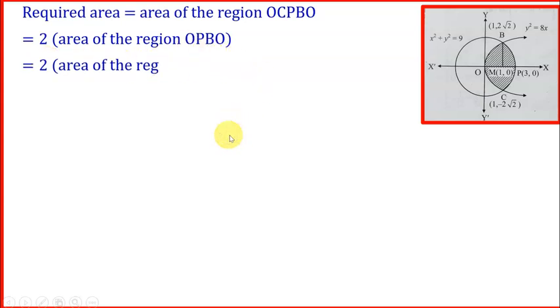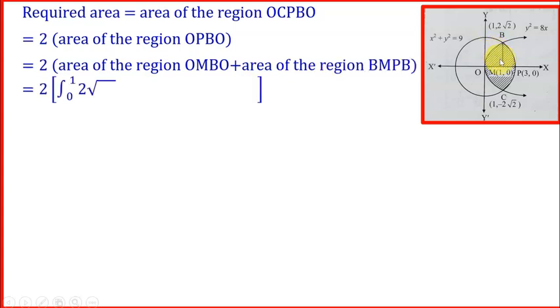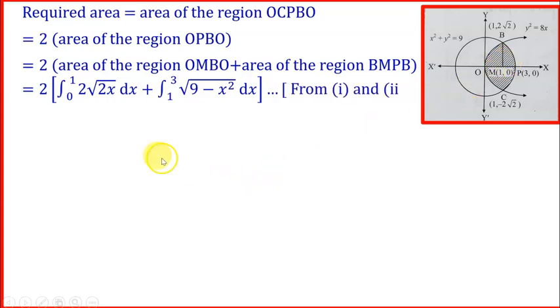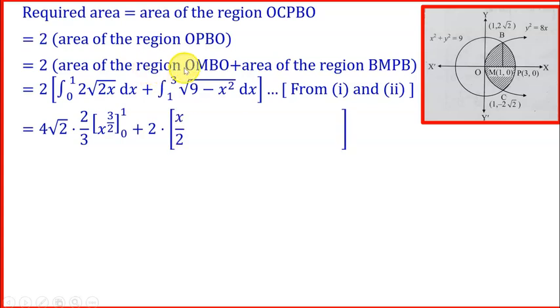Now this region is nothing but area below this parabola and area below this circle. Therefore, you will have the area of the region OMBO. OMBO means what? Area below this parabola, and the second is area below this circle. Therefore, that is the root of 9 minus x square.